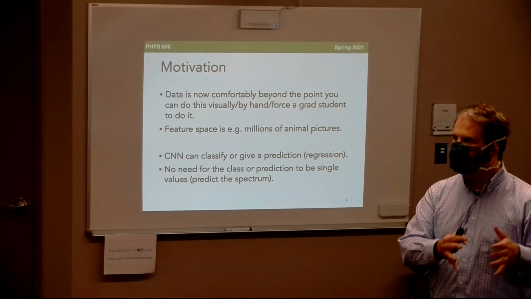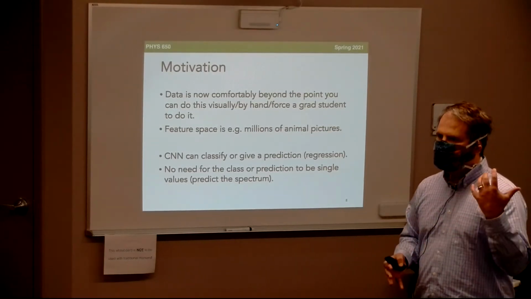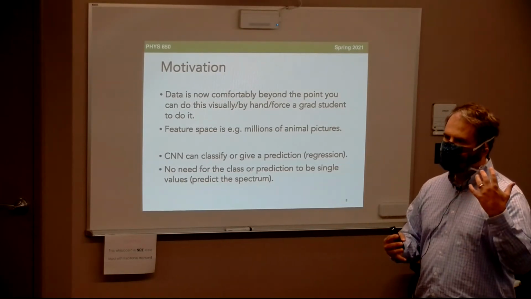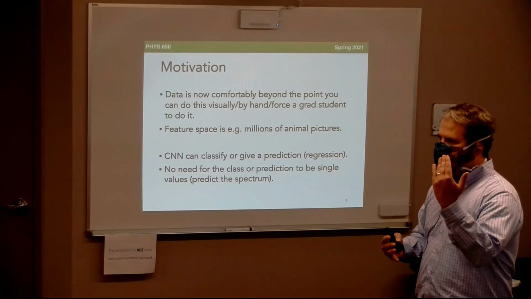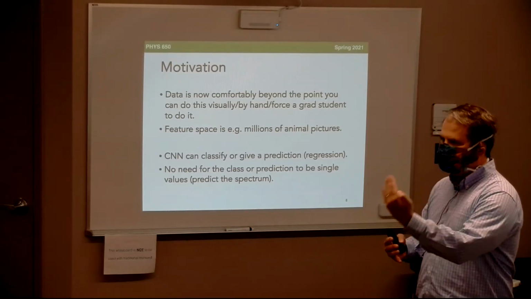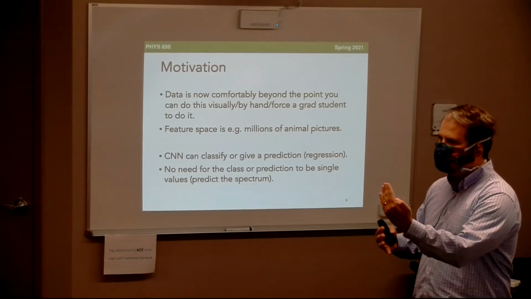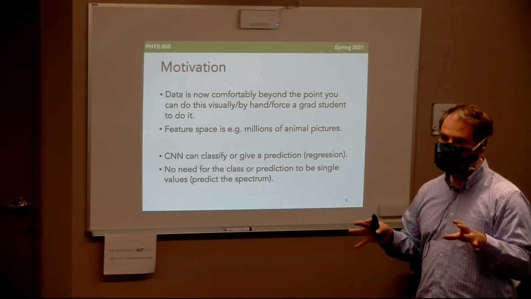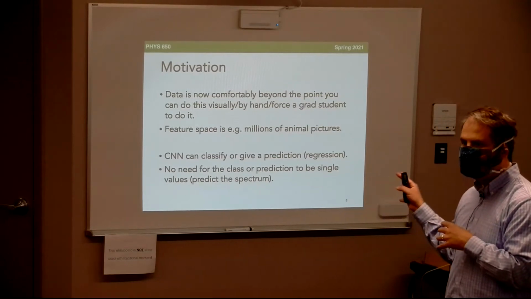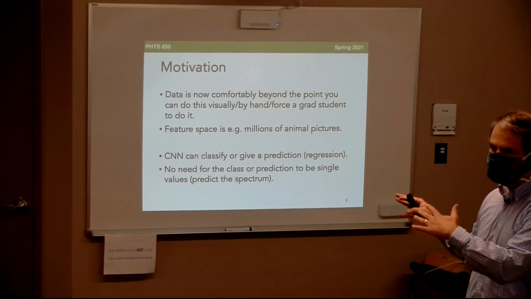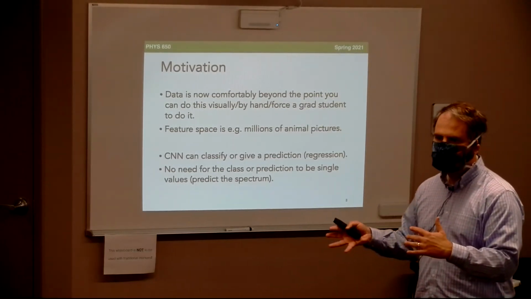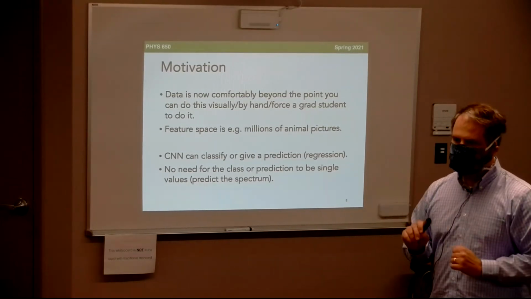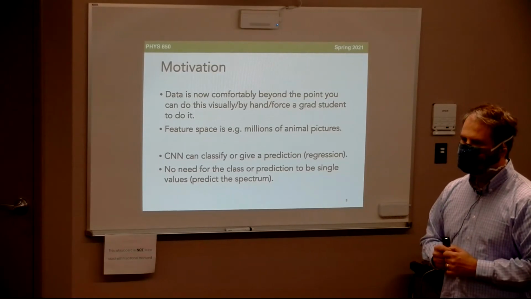And so instead of saying, for instance, man or woman, it can go man, age, likely weight, height, like all these things that come out of a picture that you could actually guess from a picture. It doesn't have to be a single thing. So that's also a regression that, as we've been talking about it so far, has been, I'm fitting one number, but it doesn't have to be one number.